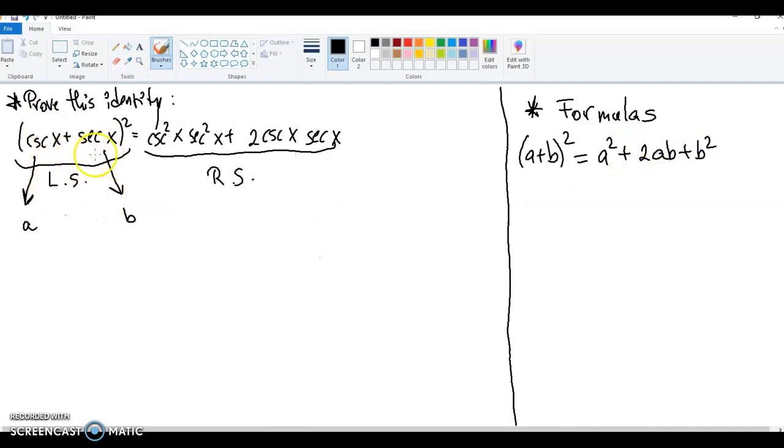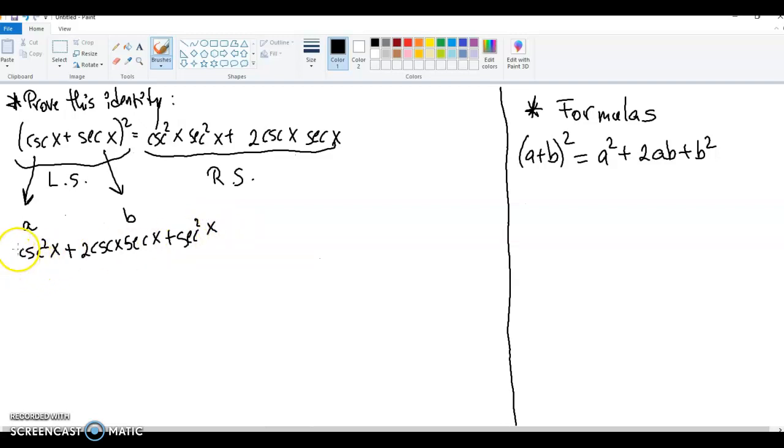So I'm going to get cosecant squared of x, that's a squared, plus 2 times cosecant of x times secant of x, that's 2ab, plus secant squared of x, that is b squared.